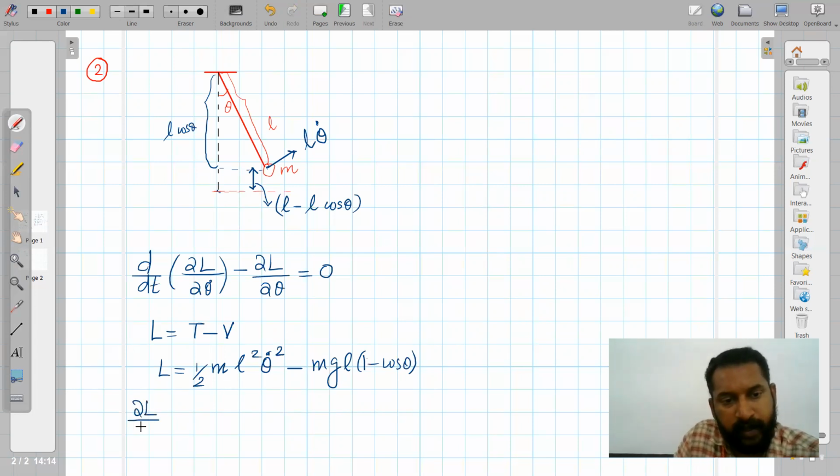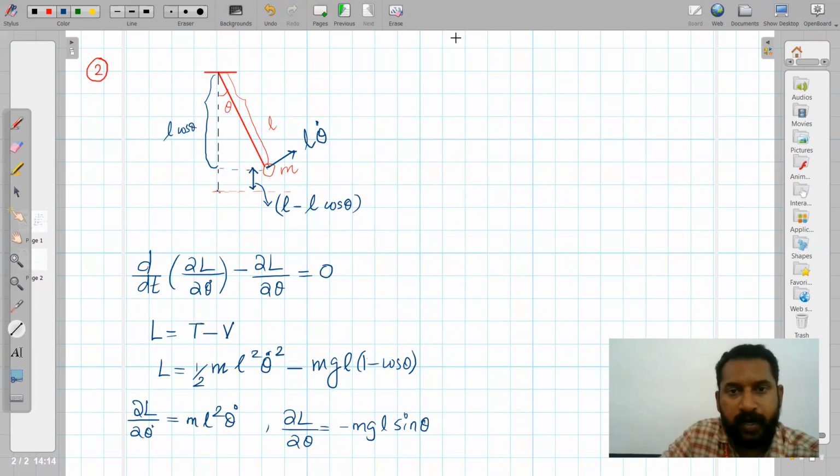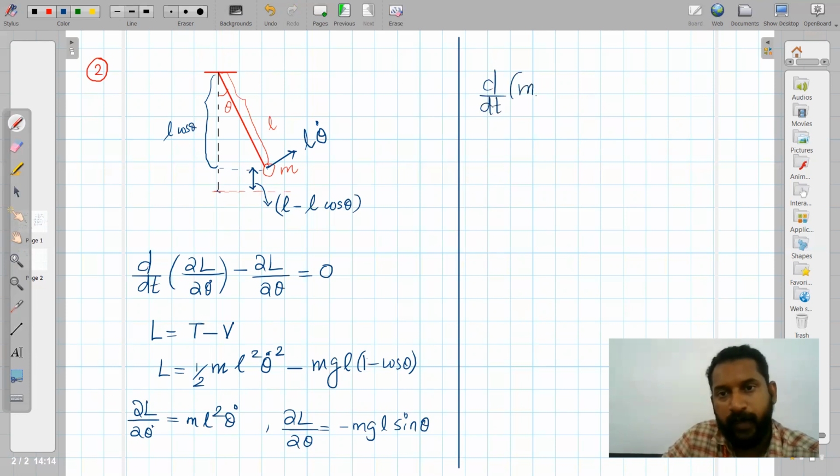I can easily find dou L by dou theta dot. It is m L square theta dot. Dou L by dou theta is minus mgl sin theta. When I substitute this back in the original expression, I obtain d by dt of m L square theta dot, minus, and there is a minus sign again, so plus mgl sin theta equal to 0.